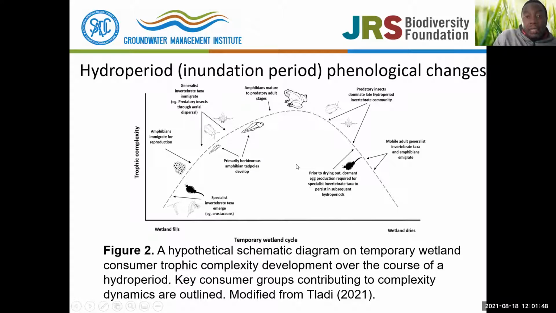But 6 months down the line, when we visited, we didn't see any frog. That was during the winter months. And then the ponds were mostly dominated by the generalist invertebrate taxa, so taxa that are not unique to wetland systems.